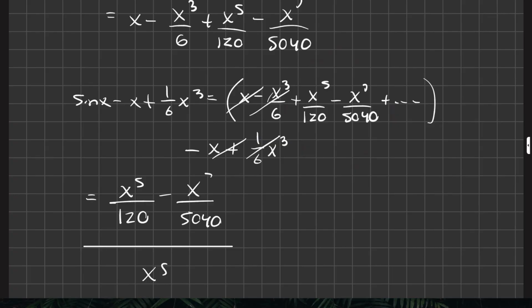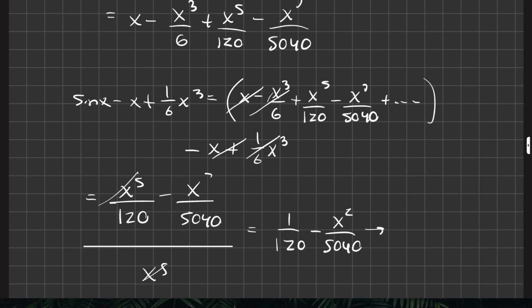And as x goes to 0, we just go to 1 over 120 from this limit. Let's make sure we see what this does. This would become 1 over 120 minus x squared over 5040 as we lose these x terms.